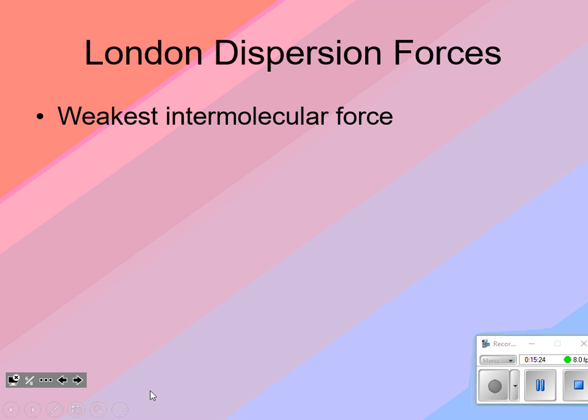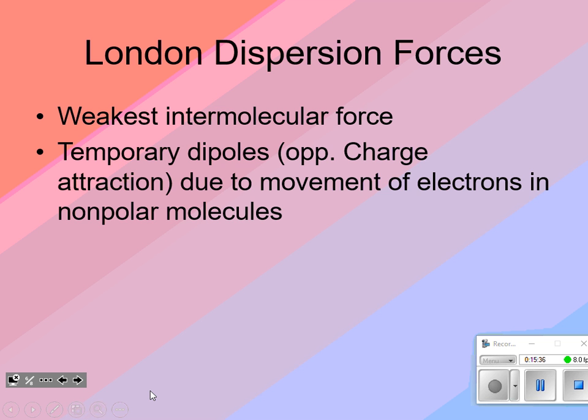Every type of molecule will have dispersion forces occurring. It's just that for some of them, it's such a small thing that it doesn't matter. So it only really matters for nonpolar molecules.